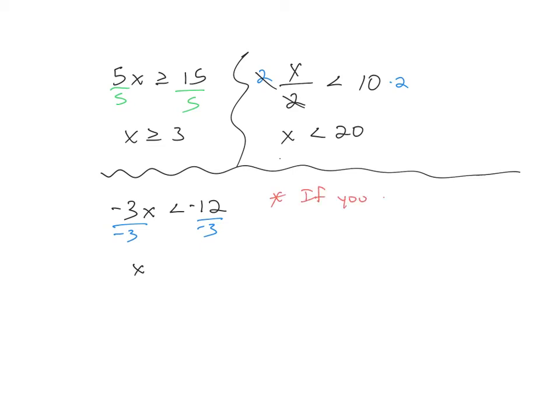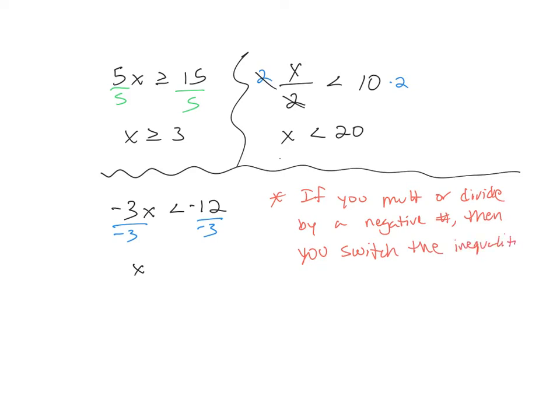If you multiply or divide by a negative number, then you switch the inequality. So on this one, it was less than, it becomes greater than. -12 divided by -3 is +4.